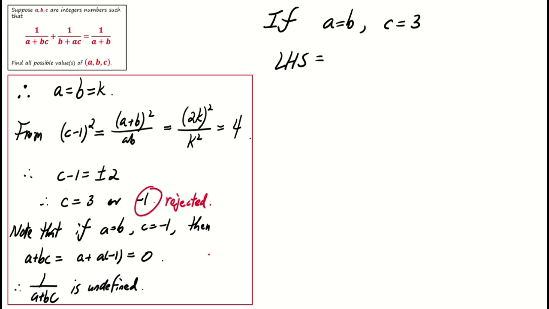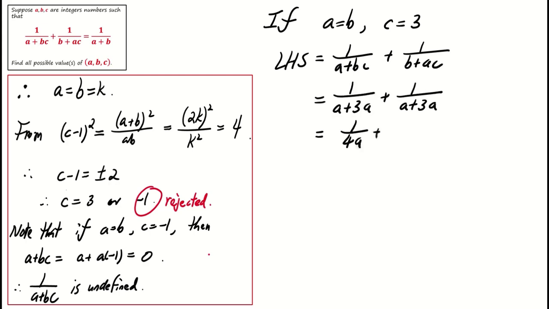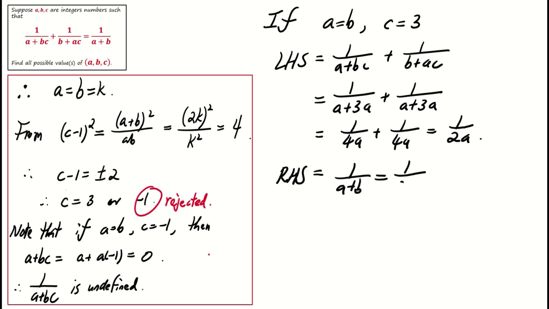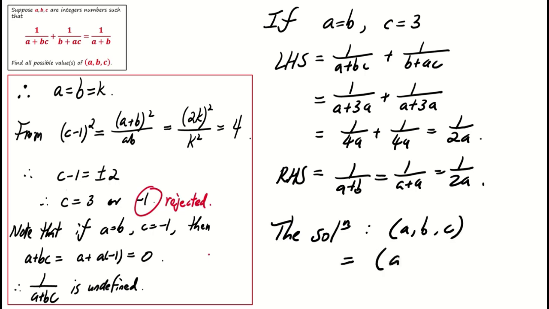The left-hand side of the equation is 1 over a plus bc plus 1 over b plus ac, which after calculation becomes 1 over 2a. For the right-hand side, it is 1 over a plus b, which is of course 1 over 2a if a equals b. Hence, the solution for a, b, c is (a, a, 3) for each integer a.